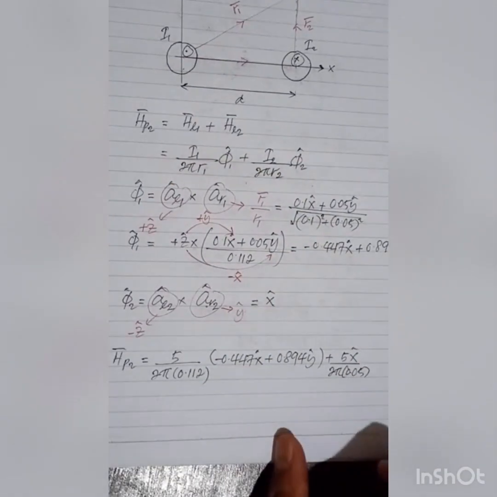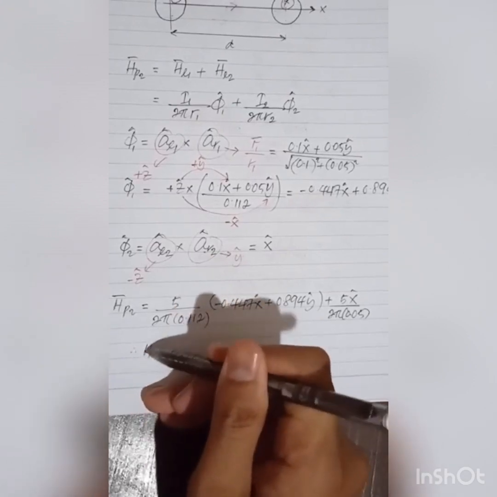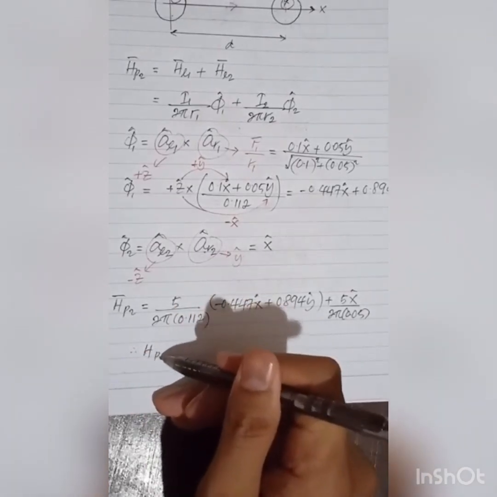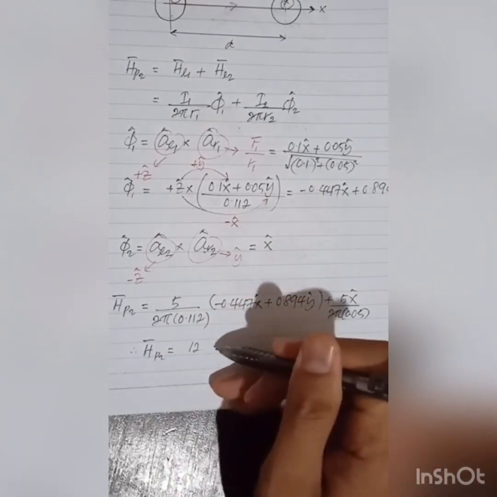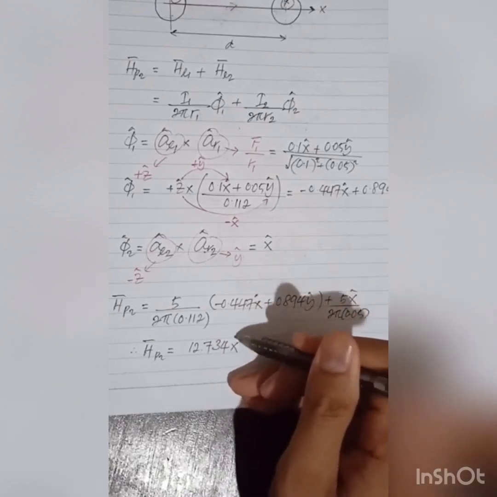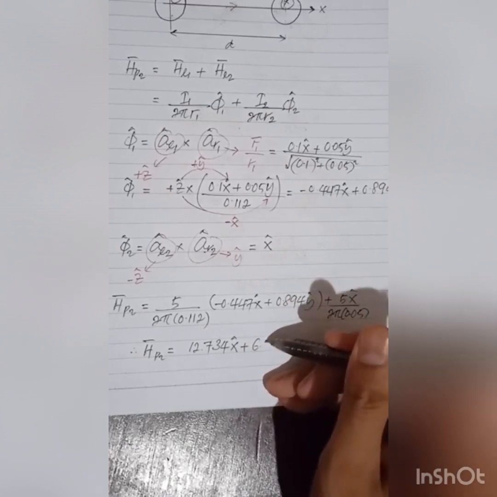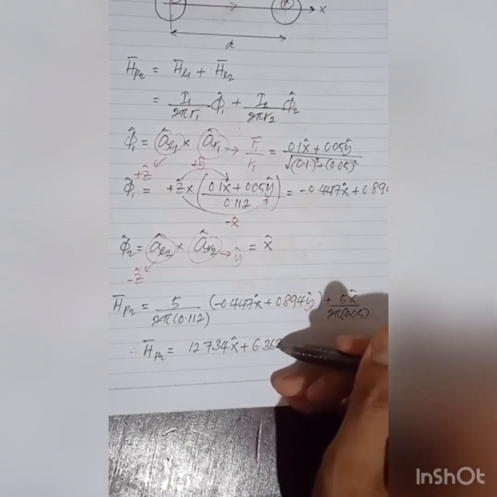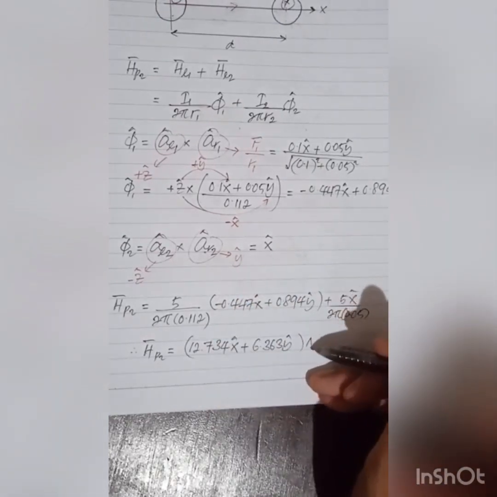If you proceed with the calculation, you can simplify the equation. The final equation for the total H at position P2 is 12.734 x component plus 6.363 y component, and the whole term has units of ampere per meter.